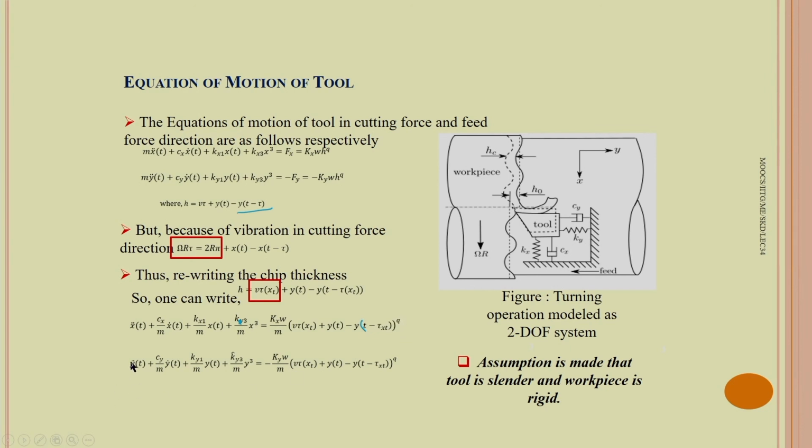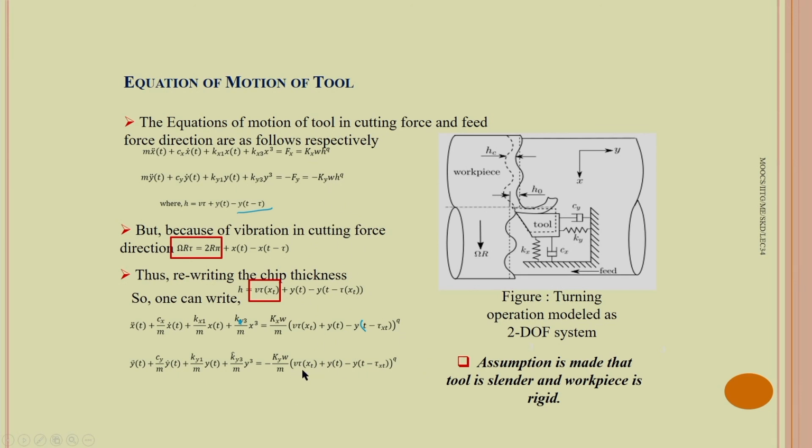Similarly, in the y direction the equation can be written as y double dot(t) plus c y by m y dot(t) plus k y1 by m y(t) plus k y3 by m y cube equal to minus k y w by m into, similarly we can put this equation for w and h to the power q in this form, replacing h in this way.